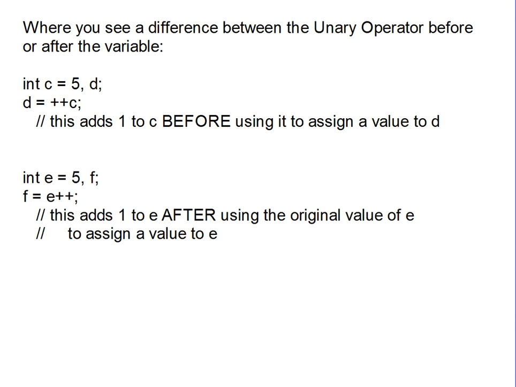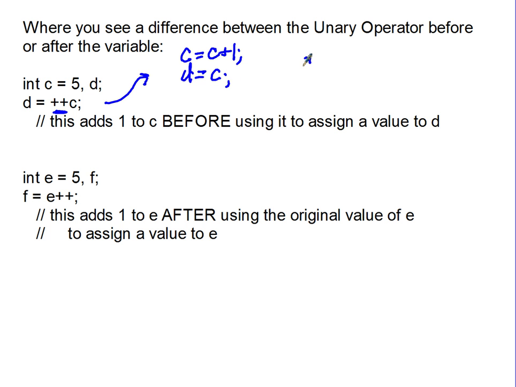So some examples of the difference of using it before versus after. If I have two variables here, C equals 5, and then I have D, this is the same as saying D equals C, but because the plus plus comes first, I have to add the 1 before I assign that value.